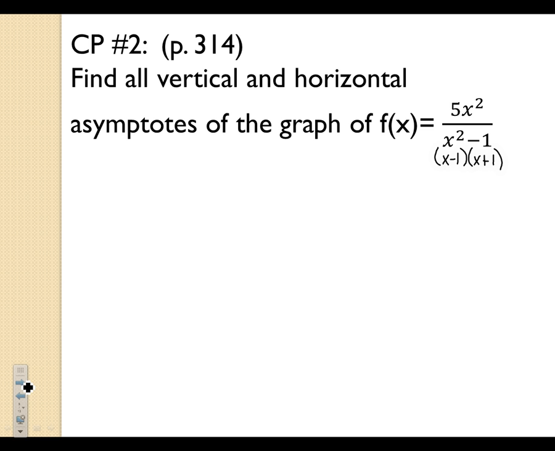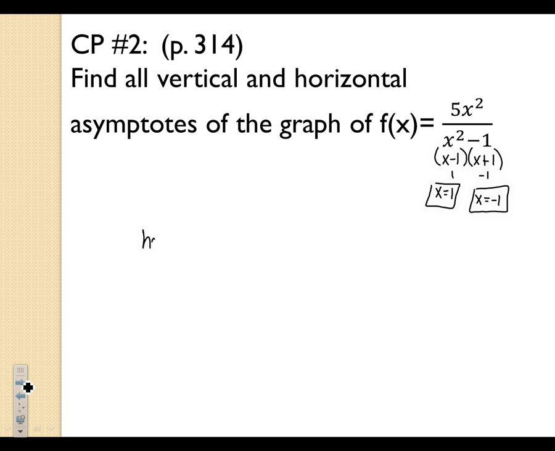Therefore, it's going to have two vertical asymptotes. Since this zero is 1, x equals 1 is one of our vertical asymptotes. The zero of this factor is -1, so x equals -1 is another asymptote for this function.